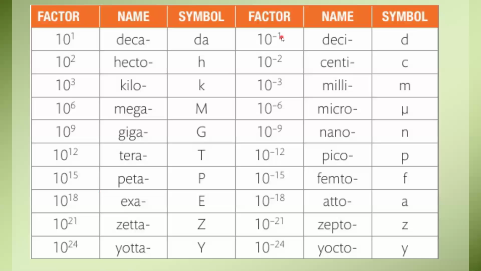In the same way, for negative exponents: -1 is deci, -2 centi, -3 milli, -6 micro, -9 nano, -12 pico, -15 femto, -18 atto, zepto, and yocto. These are the prefixes you have to learn, because sometimes when they give you the magnitude of a physical quantity, they use these prefixes.